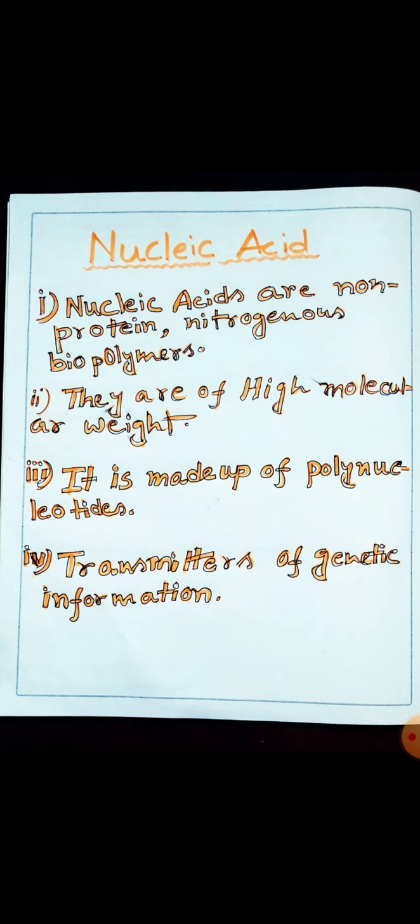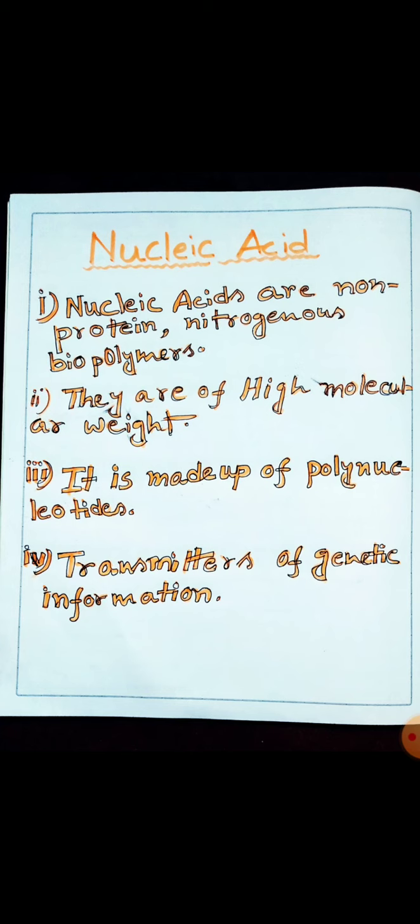If a nucleic acid is divided into its main components, we will see that nucleic acids are made up of polynucleotides. Polynucleotides are divided into nucleotides.